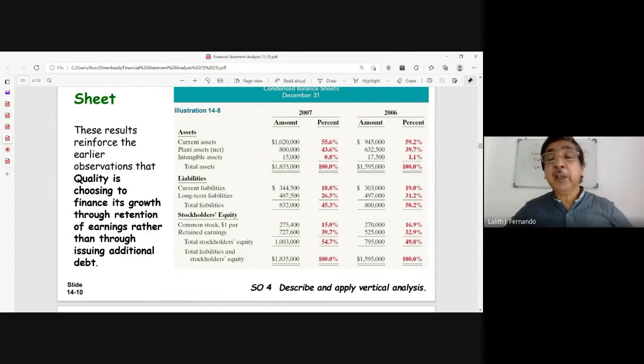If you go into liabilities, different types of liabilities have different contributions in the two years. That's how vertical analysis is appreciated.